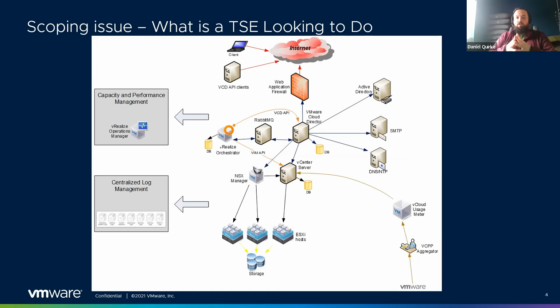Whereas vRealize Orchestrator wouldn't have its own logging here on the vCloud side. But once you break down the elements themselves, it doesn't really matter if you're talking to vRO or you're talking to NSX. From a customer's perspective, and more so from a service provider's, it's an endpoint talking to another endpoint, and it's just tracing those API calls, and that's the key element when you are going between those.